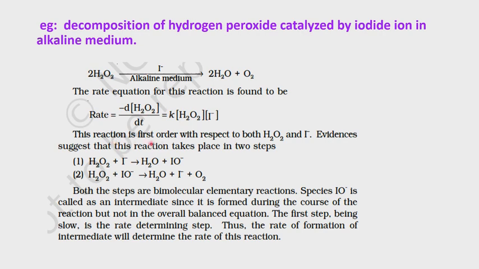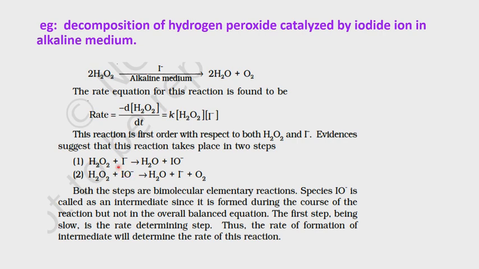So this equation is first order with respect to both H2O2 and I minus. Line is clear. Evidence suggests that this reaction takes place in 2 steps. This is the first step and this is the second step. Both the steps are bimolecular elementary reactions.